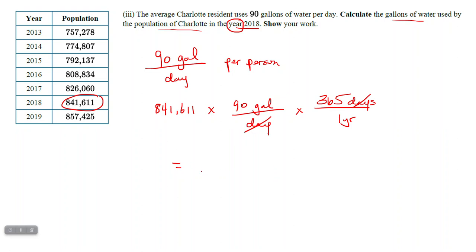Now, I've started doing things in scientific notation just because it made the math easier. So if you know anything about scientific notation, it's 2.76 times 10 to the 10th gallons.